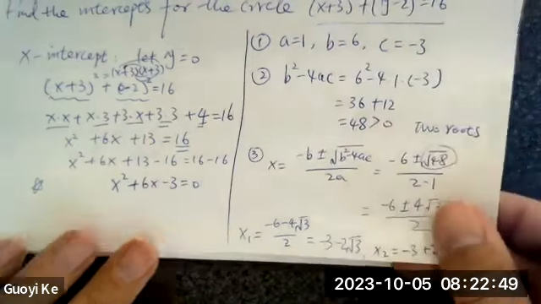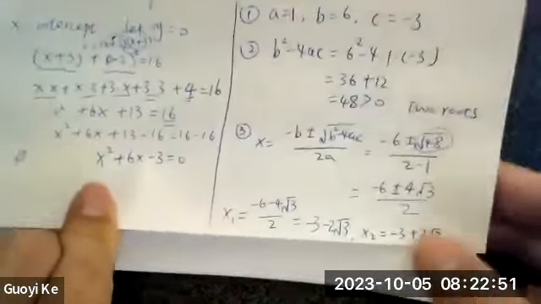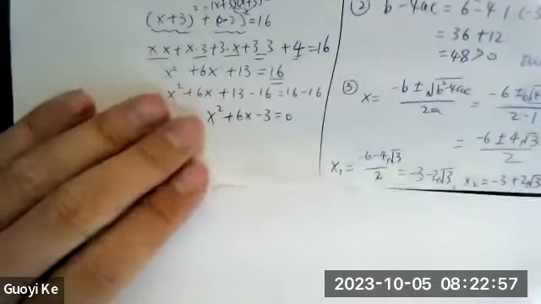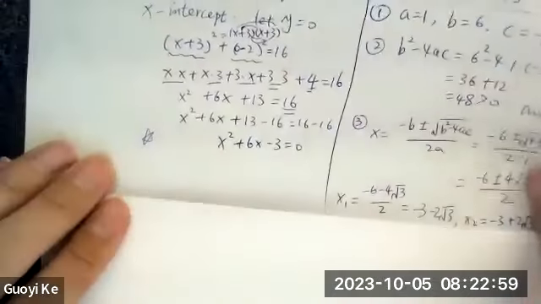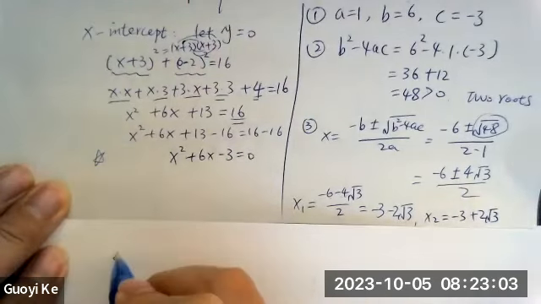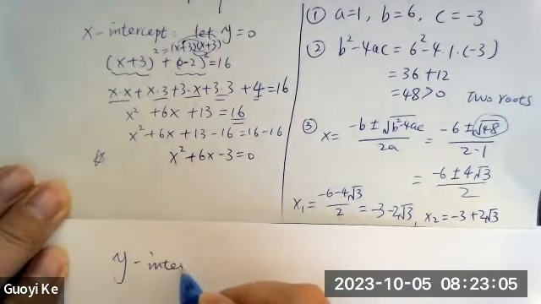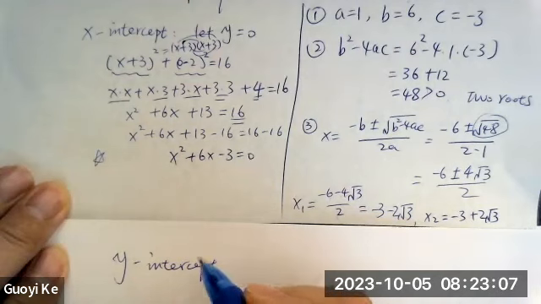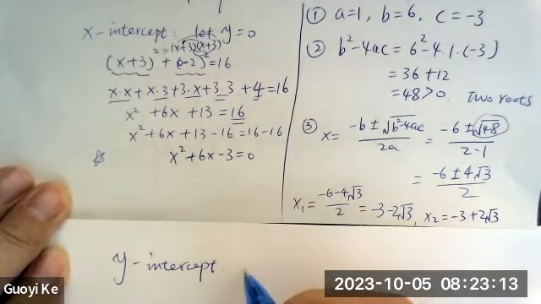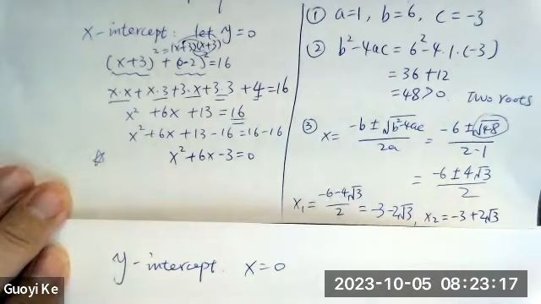Okay, now it's time for us to find the y-intercept. We found the x-intercept, right? Now we need to find the y-intercept. For the y-intercept, we let x equal 0.